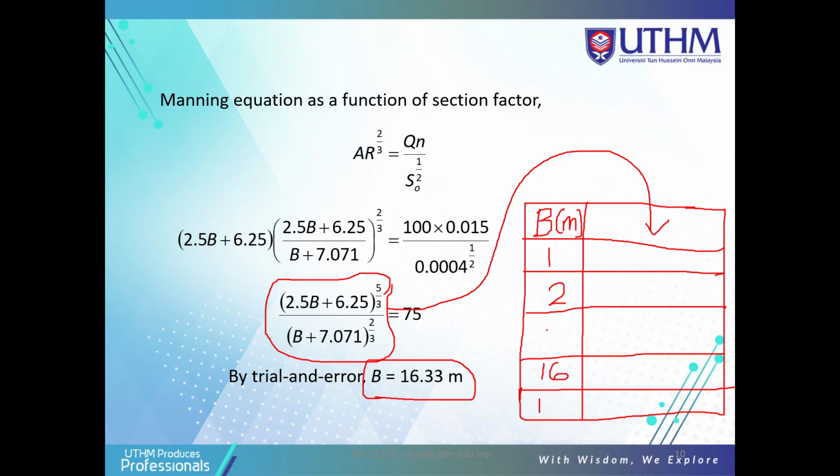Maybe you get 15 and 16, and then you get 15.33, until you get the value here, the same as this 75 here. Until you get the same value at this value. So you can use the trial and error method to find the b.